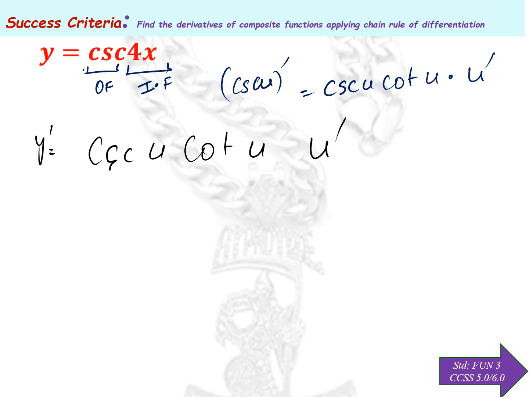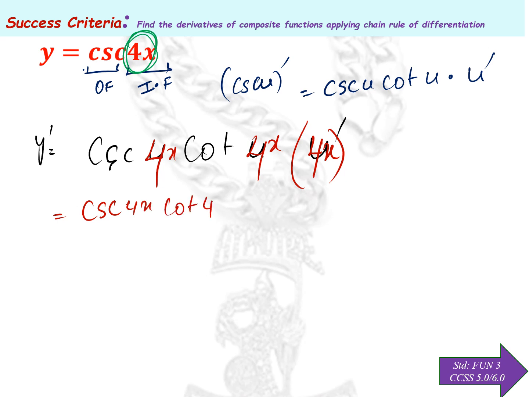Now what is your u? U is the inner function, which means 4x. So in place of u, I am writing 4x. In place of this u, also I am writing 4x. And in place of this u, I am writing 4x with prime. So let's see what I can write: cosecant 4x, cotangent 4x, and the derivative of 4x is 4.